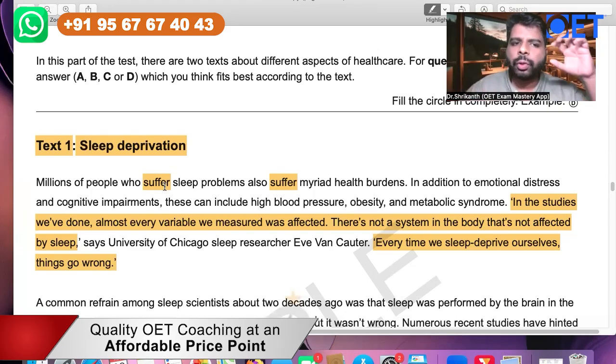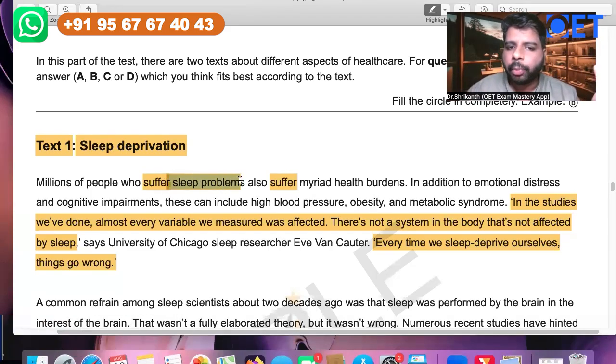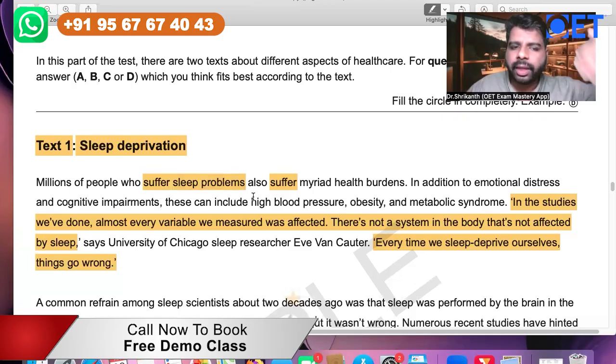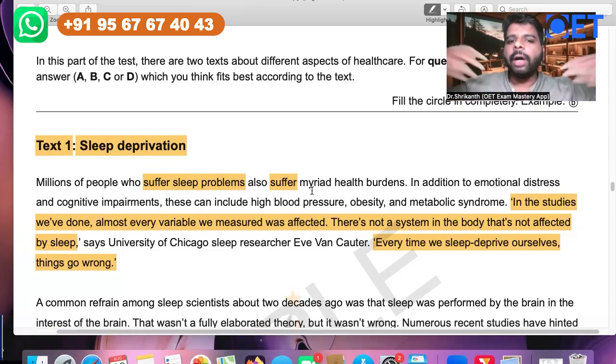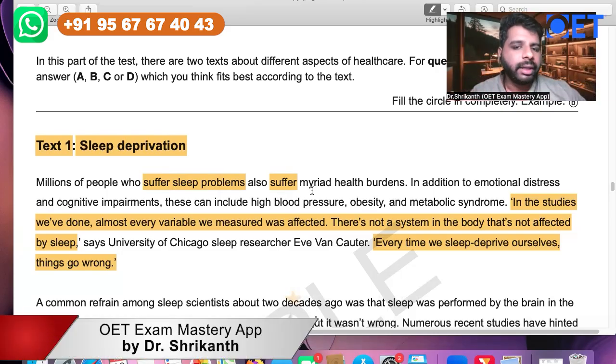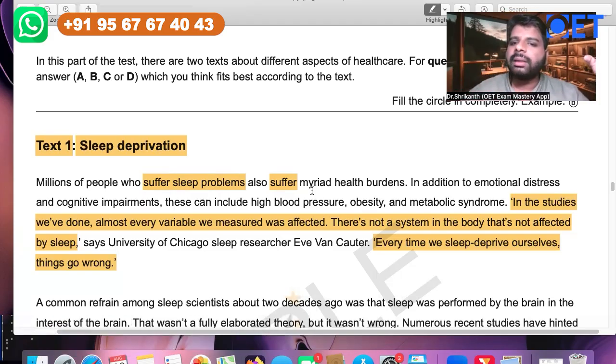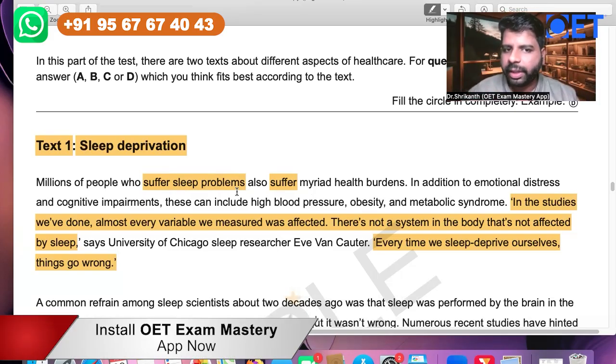He's saying there are so many people who suffer sleep problems, that is, they are not able to get proper sleep, and these people also suffer myriad health burdens. Myriad means a huge variety. So what is the emotion that we are getting from the writer? The writer is saying sleep problem is a very dangerous thing. People who suffer from sleep problems suffer from so many other health problems as well. So that is what we understand. He's saying sleep problem is not a simple issue.